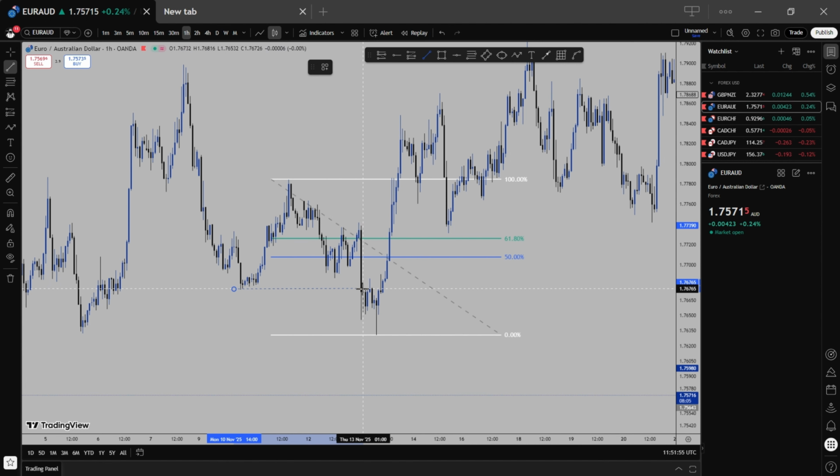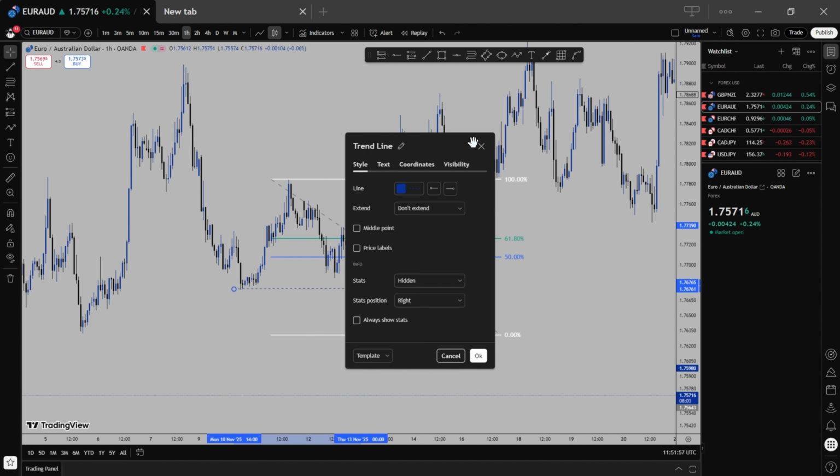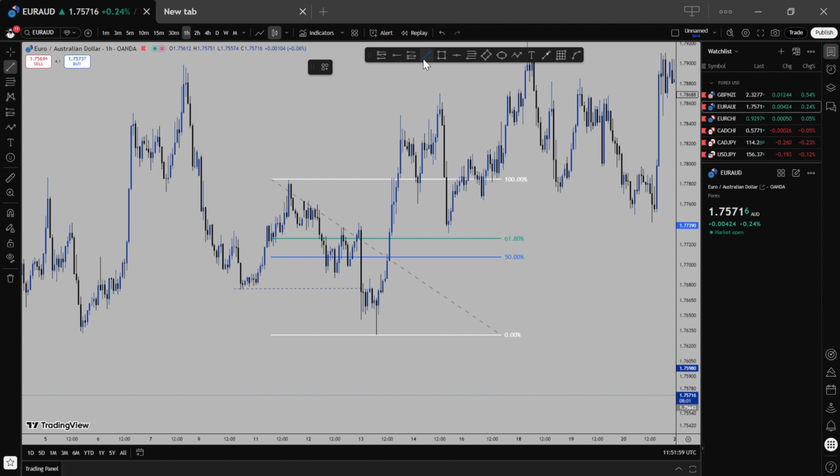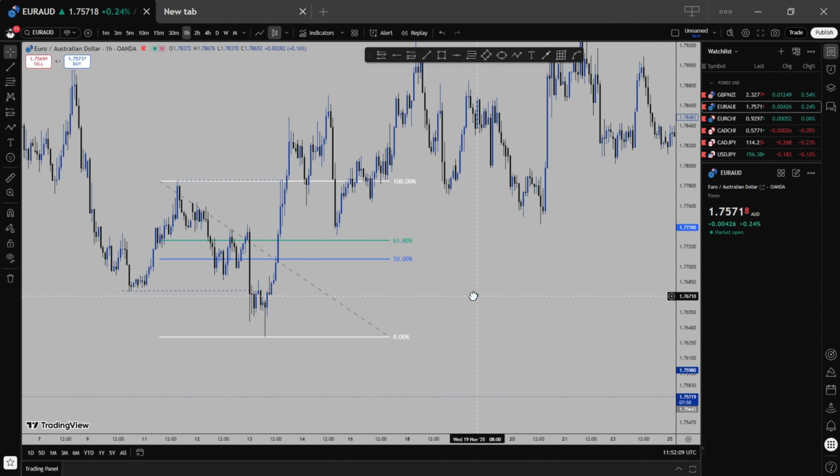And then this would be a break, a BOS, confirming that this is a transactional liquidity, right? Now, what's the next step? Our next step is identifying our structural liquidity.